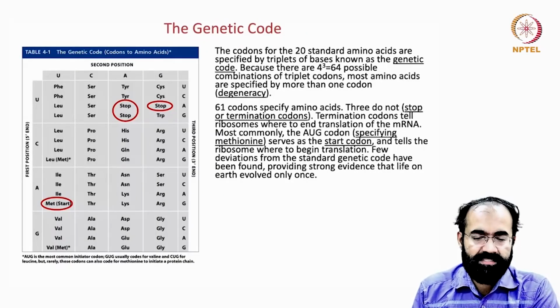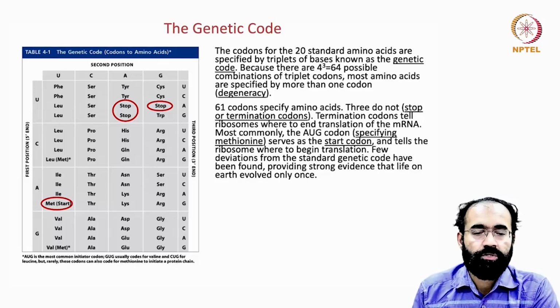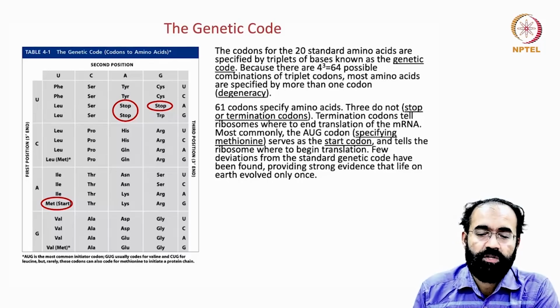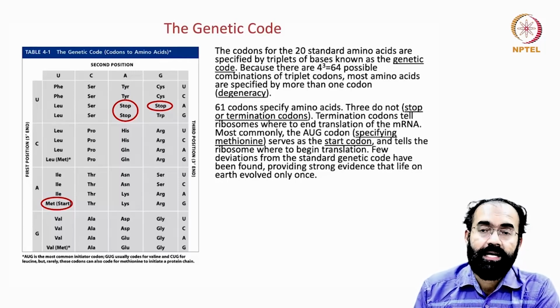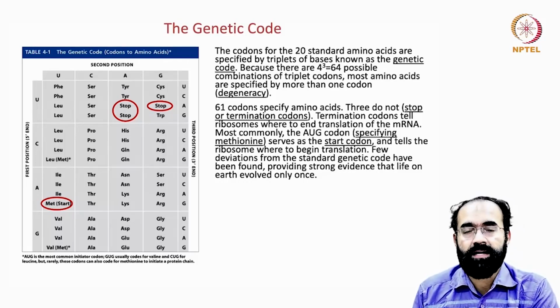So let us see the genetic code. We have seen this picture earlier also. So total possible codons are 64. The codons for 20 standard amino acids are specified by triplets of bases known as the genetic code, and we have discussed about this earlier also.